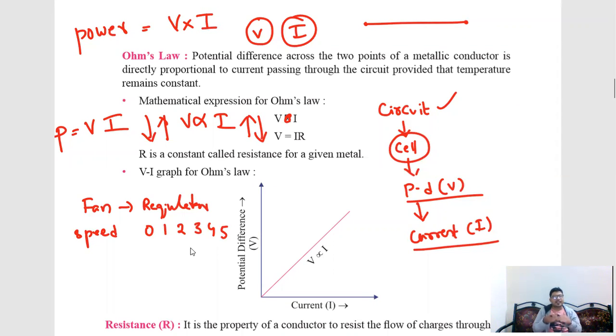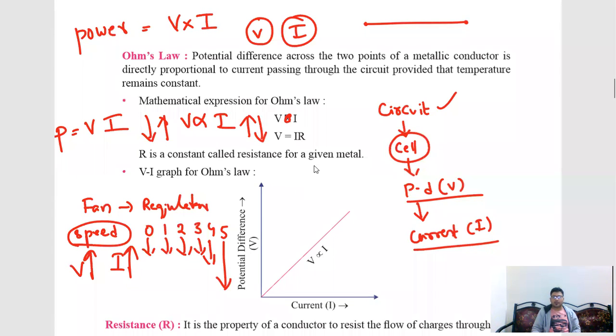In each case, the speed will vary. Are you getting the point? Why will it vary? 0 means very least voltage, 1 means you have increased the amount of voltage, 2 some amount of voltage is increased, 3 it is increased further, 4 it is increased further, 5 means high voltage. If voltage is high, current also will be high. If the current is high, speed will be high.